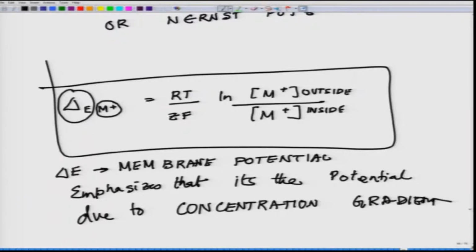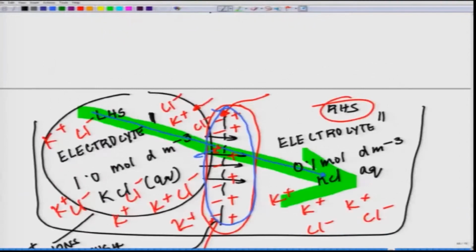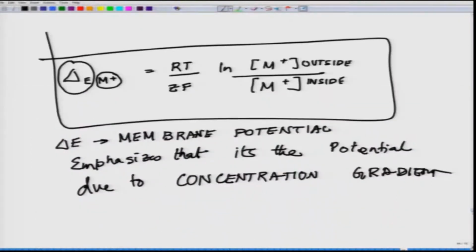As I showed earlier in the picture, this gradient out here is what is being emphasized here, the value delta E, and you could see that we are not putting the E 0 because E 0 becomes 0 in a concentration cell.